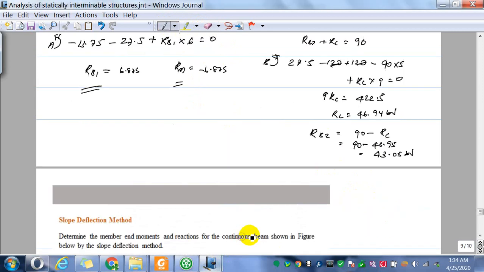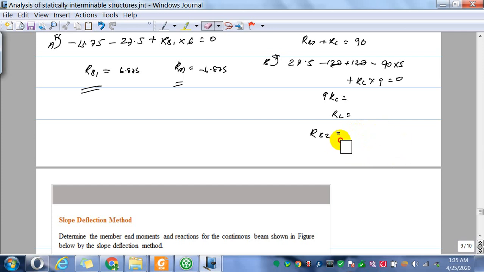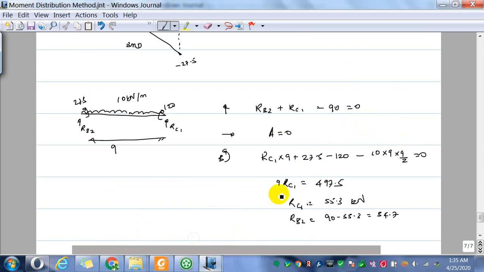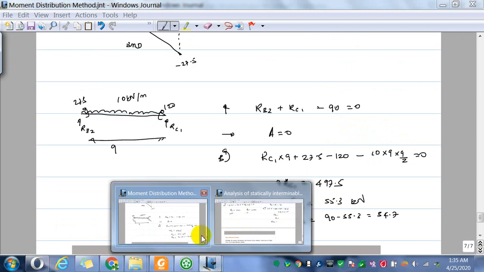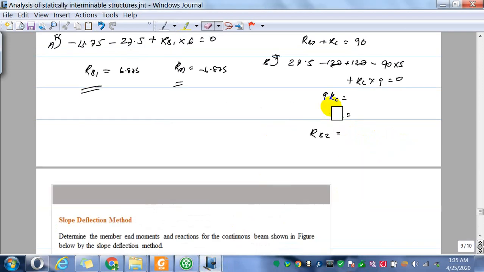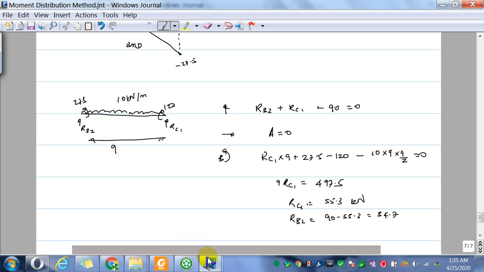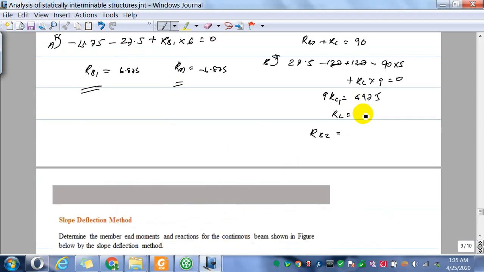This should be corrected in the slope deflection equation as well. So RC1 is 55.3 and RB2 is 34.7.